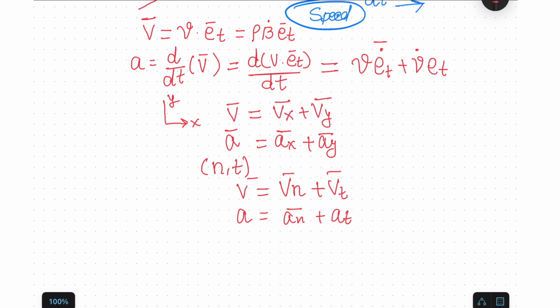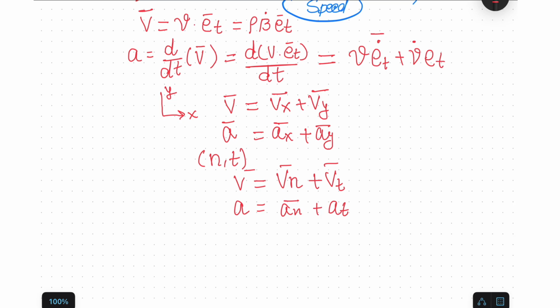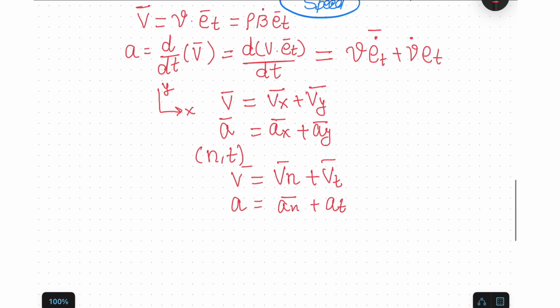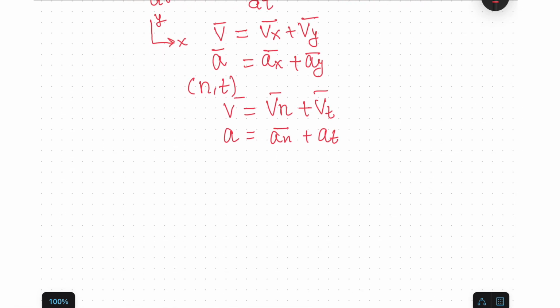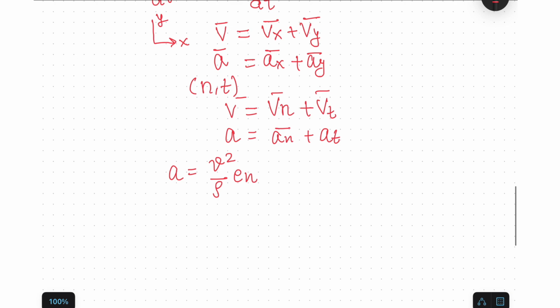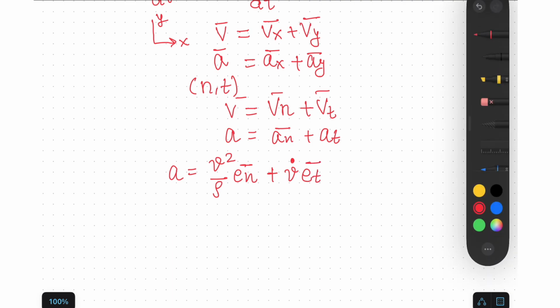So here you can see that we can also define the velocity and acceleration. We can write for the acceleration a is equal to v squared upon rho en, plus v prime et.